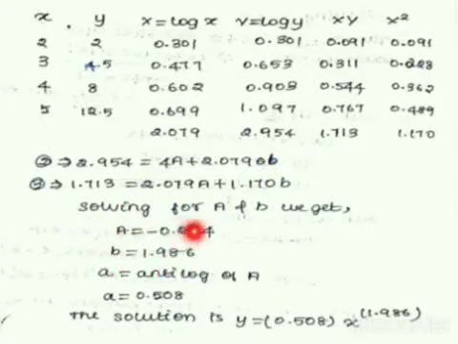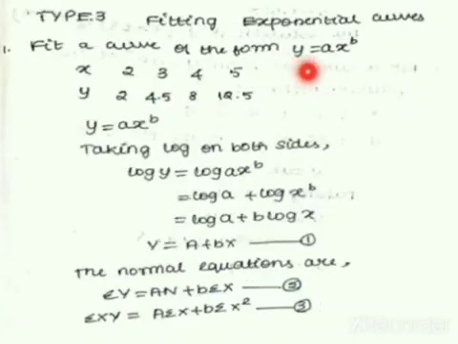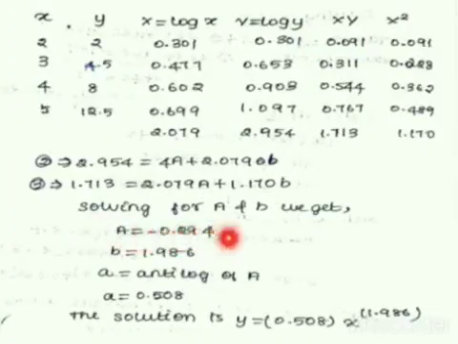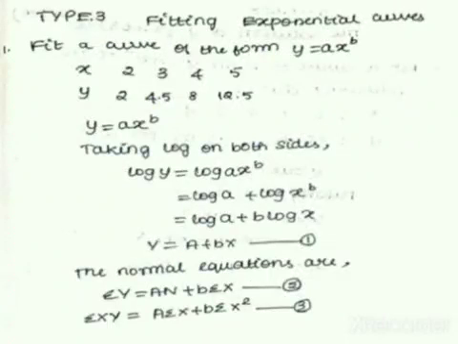After finding capital A and small b, you have to convert capital A into small a, because in our question we need y = ax^b. We know the formula for capital A, which is log a, but here we need small a.